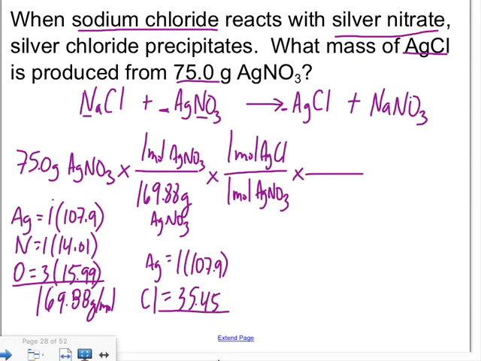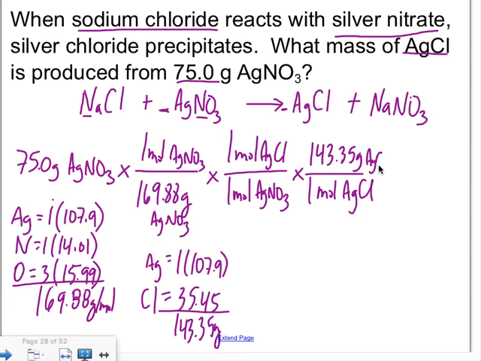Add them up together, 143.35 grams. So 1 mole of AgCl, that means that goes on the bottom, so moles will cancel out. Whatever unit you're in, that goes on the bottom. 143.35 grams goes on top.